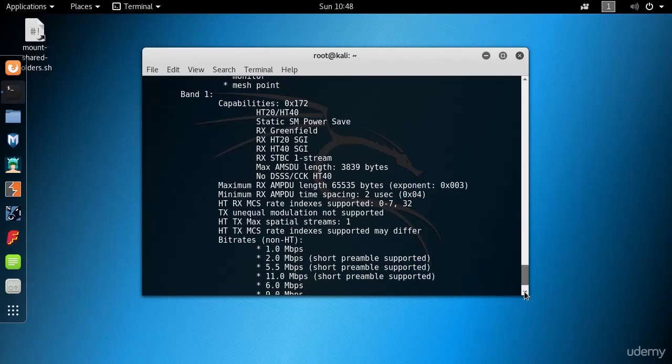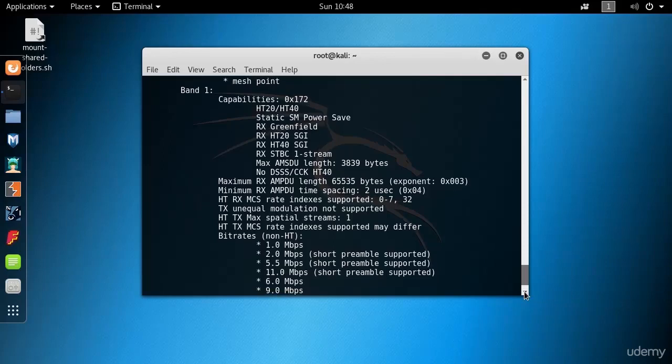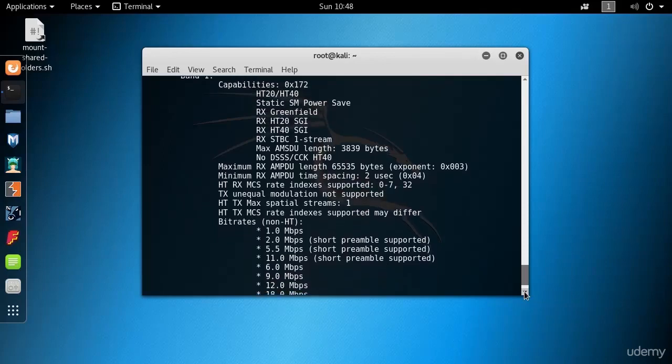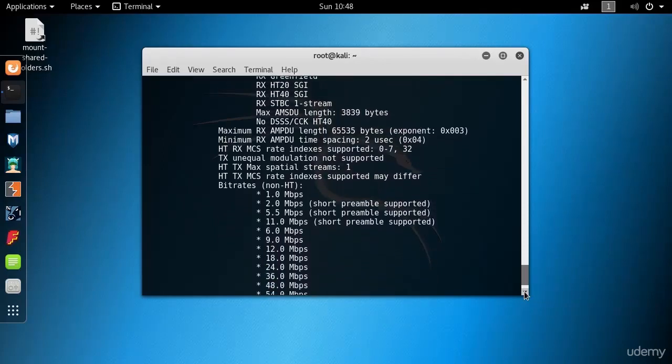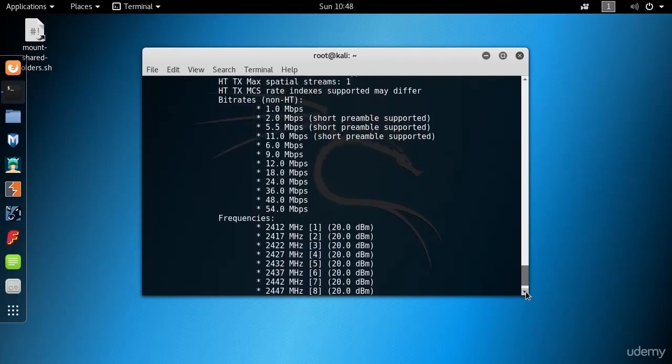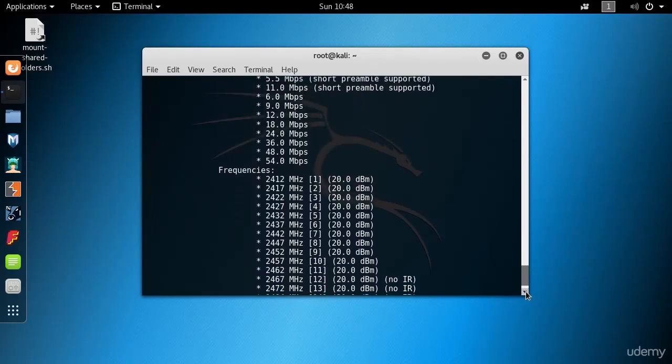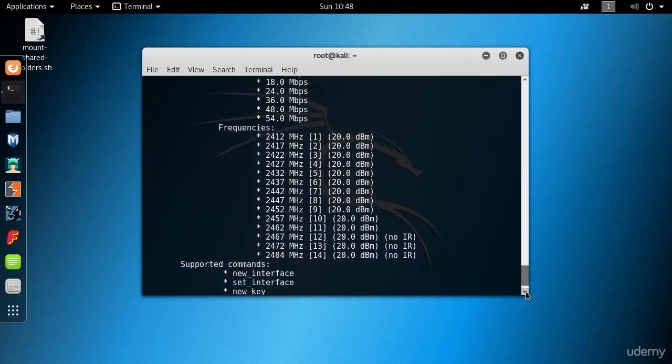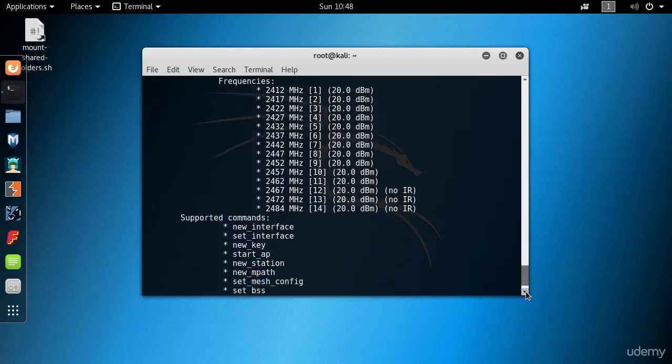That stands for high throughput, and that tells us that this is 802.11n, the physical layer that it's looking at is 802.11n. Supporting various bit rates. These bit rates are the non-HT bit rates, so that's the 802.11g bit rates. They don't go beyond 54 megabits per second. And then we have the frequency channels. This is at the 2.4 gigahertz band.